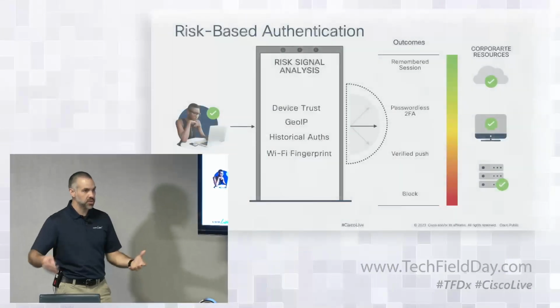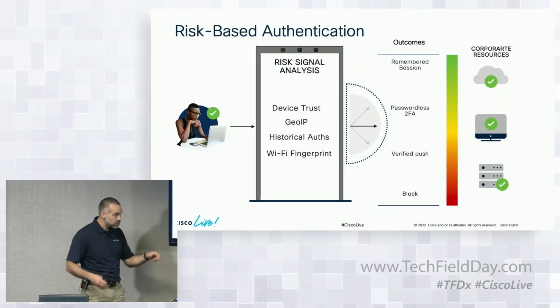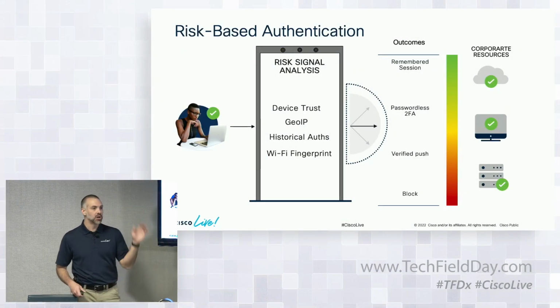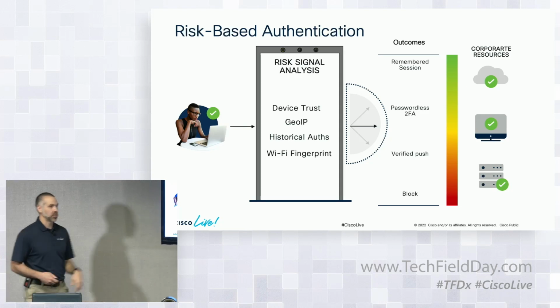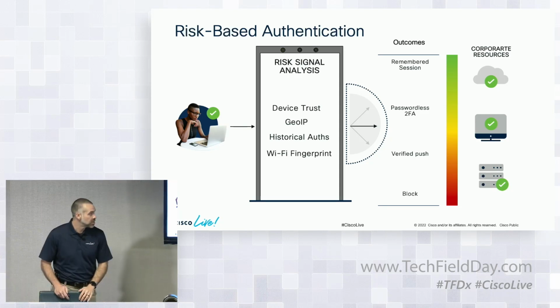Then if we're really in the gray area, or the orange area, you'll get a thing called verified push, which is also new technology I'll be talking through today. And finally, if it's really low and we're really certain it's bad, we're just going to outright block that authentication.